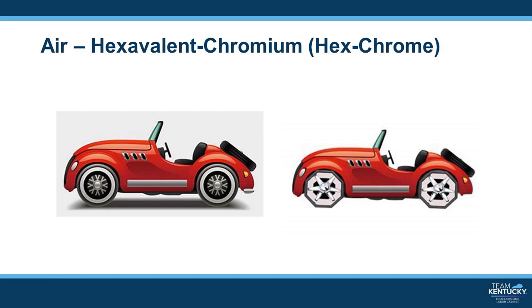Look at the wheels and tires on the two cars. The first car has normal round wheels, which gives you a smooth ride, no problem. This is an example of chrome 3, which would be in your multivitamins. However, changing the chromium through high heat changes it to chrome 6, and it becomes hexavalent chrome.